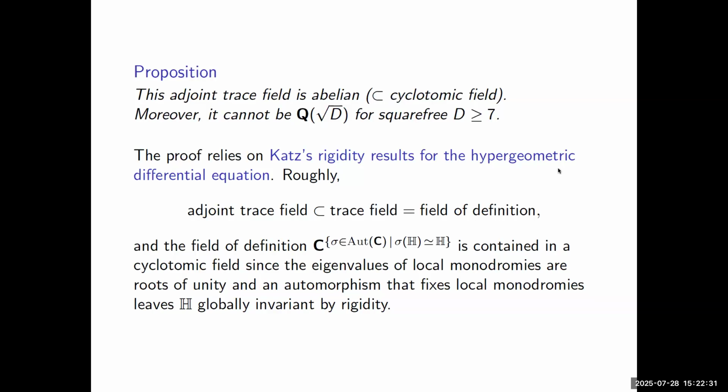And this means that if you have something that fixes this root of unity, then this will fix all the local monodromies. But then this result by Katz on rigidity says exactly this, that if an automorphism fixes all the local monodromies of your local system, then it fixes globally the local system. Okay. And this is how you prove that this field is contained in a cyclotomic field. And the other part is a very amusing explicit calculation with cyclotomic fields.